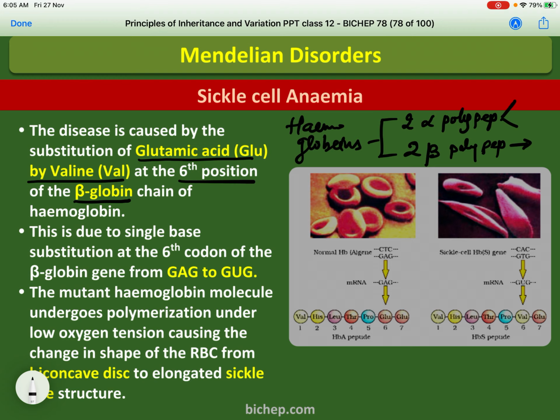Now, if the gene which is responsible for the production of these beta polypeptide, that is beta globin, is affected or mutant, then there is a chance of getting sickle cell anemia. Ready? Now, how is it getting mutated?